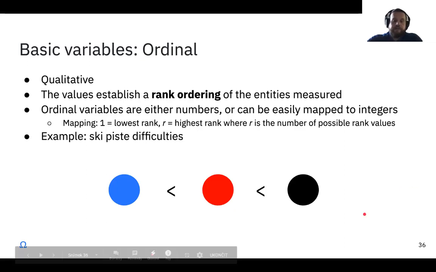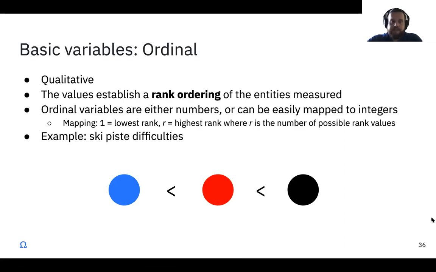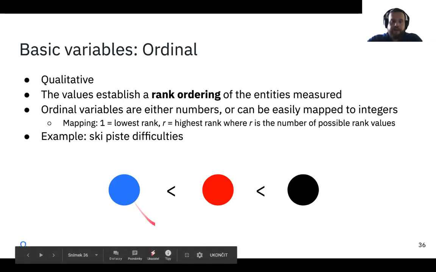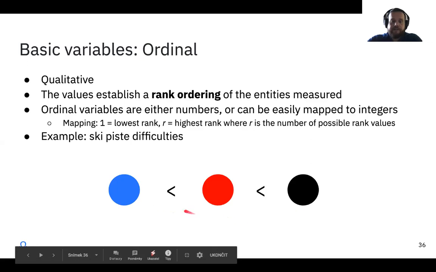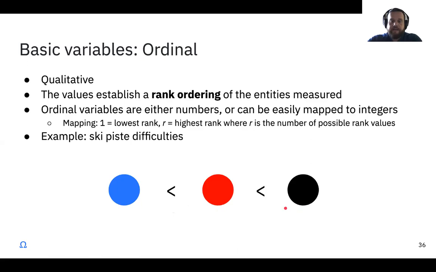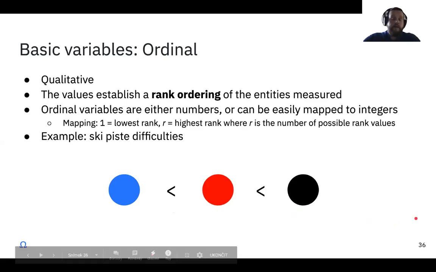If you're skiing in Europe, there's a universal difficulty system for the ski pistes. The easiest slopes are the blue ones, the intermediate ones are the red ones, and the hardest slopes are black. So there is a relationship: blue is less difficult than red, and red is less difficult than black. That's the ordinality, the rank ordering.